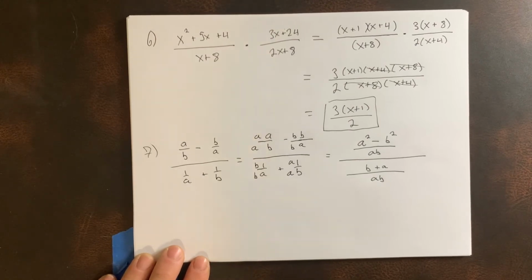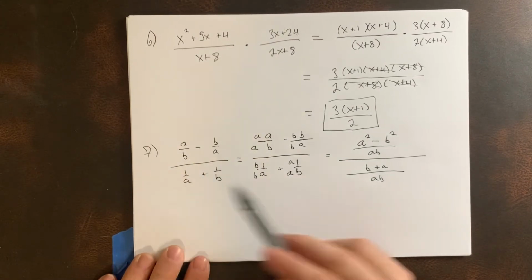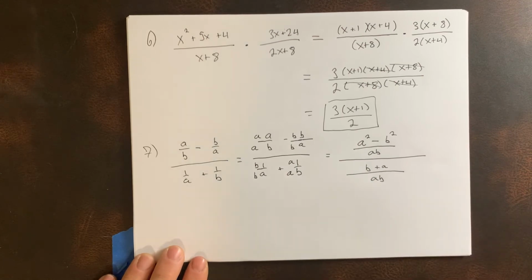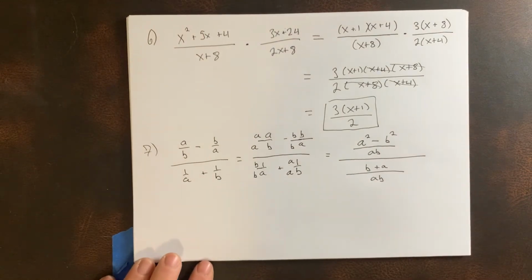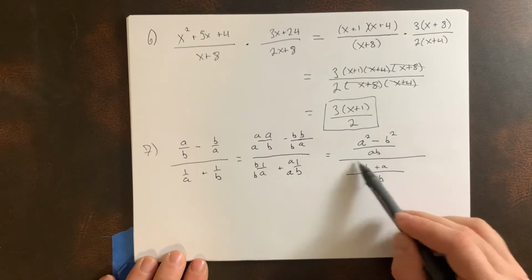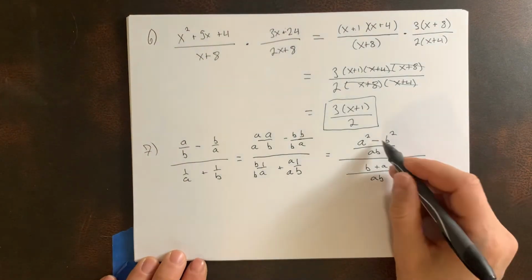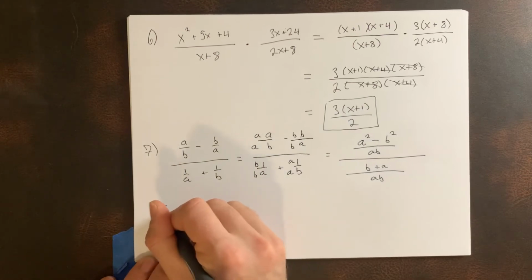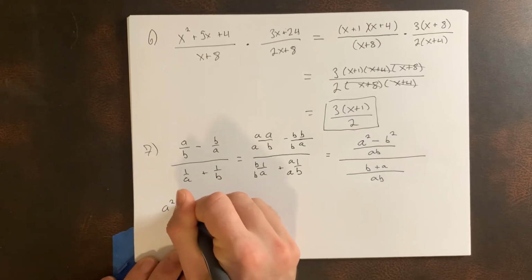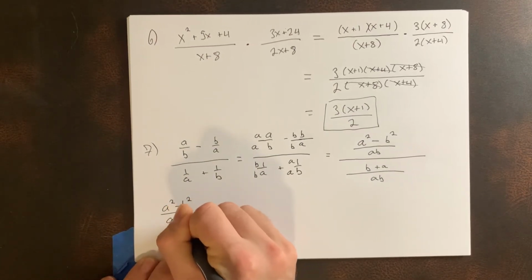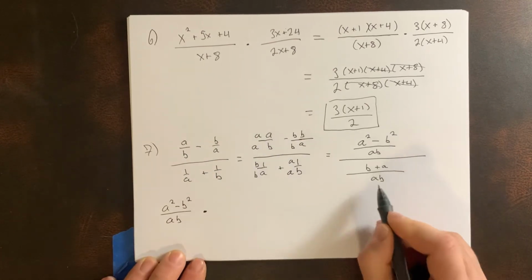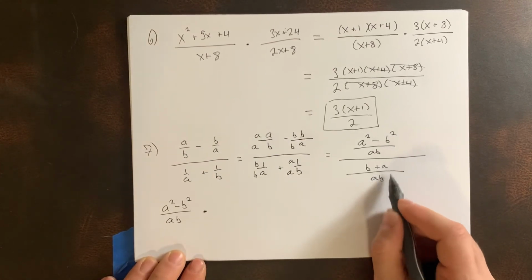Okay, so now all we did here is we just simplify the top, simplify the bottom. But now this is something that we did in one of the previous videos. Here we have a fraction divided by another fraction. So whenever we have that situation, we take our top fraction, the a squared minus b squared over ab, put a multiplication sign, and then we're going to write our bottom fraction, but have it turned upside down.